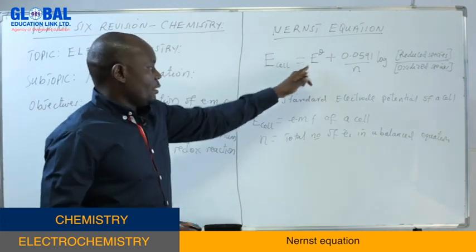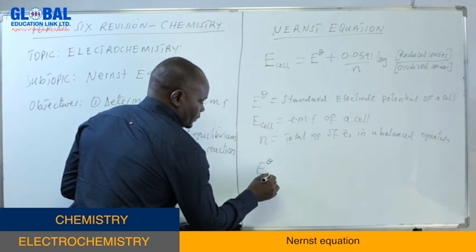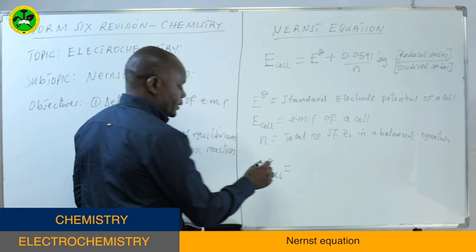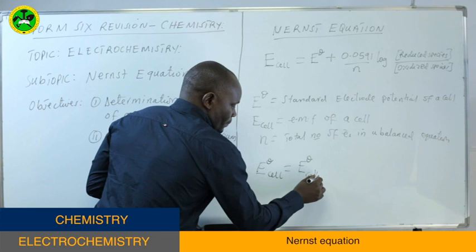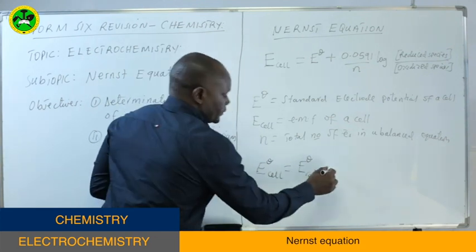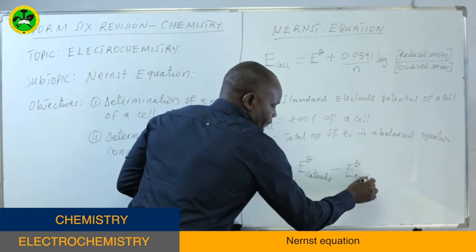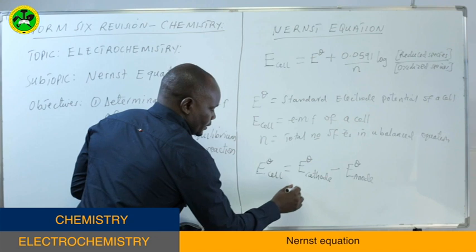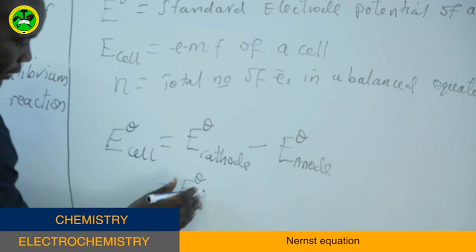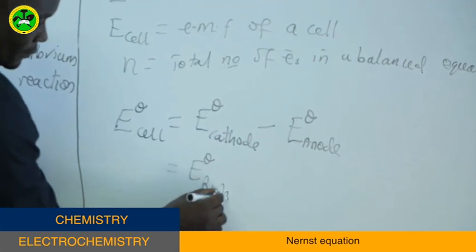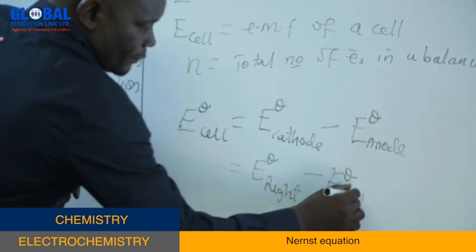So the E° of cell, the standard electrode potential of a cell, is obtained by taking the standard electrode potential at the cathode minus the standard electrode potential at the anode, or the standard electrode potential at right minus that at left.